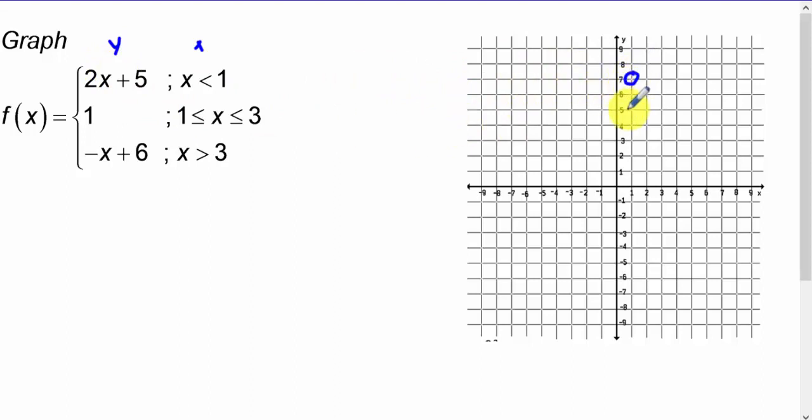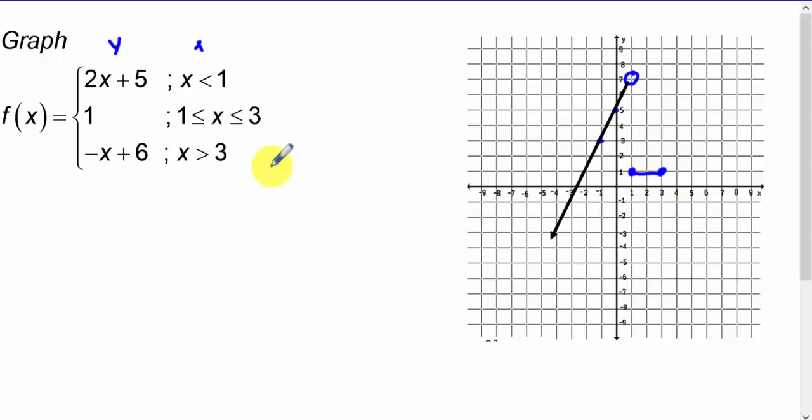So if I go down 2 and back 1, a couple of times just for accuracy purposes, I can graph that line like so. All right, and then I get a y value of 1 when x is greater than or equal to 1, so that's right here, all the way till I get to less than or equal to 3, connect the dots.